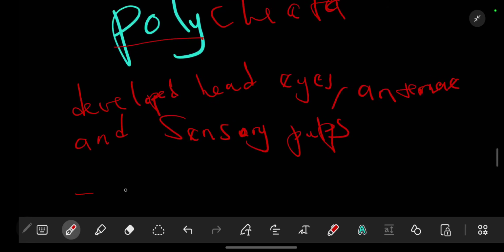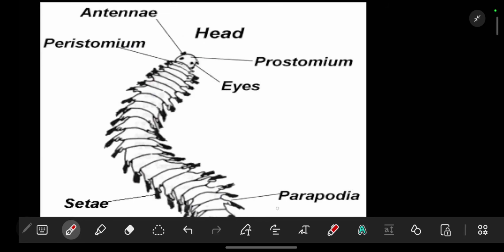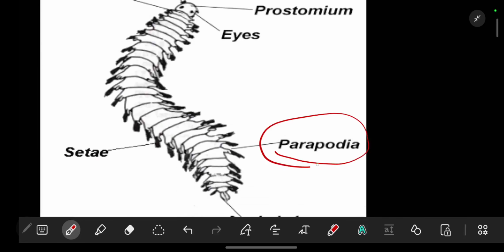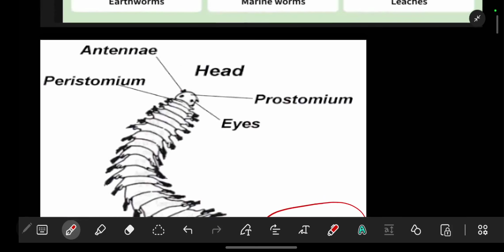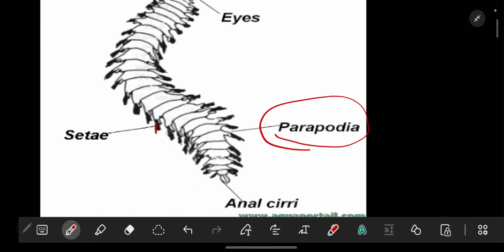So they have a lot of bristles. These bristles are what we call parapodia. So they have parapodia, they have an antenna, the head and eyes like that. These setae, also known as the bristles, are also called parapodia.